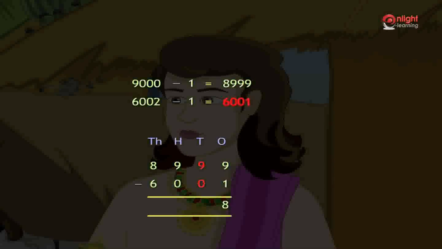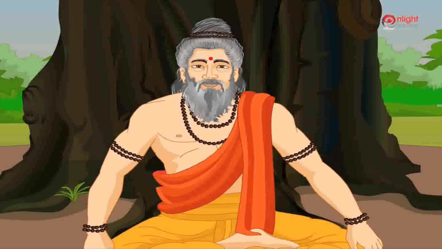Subtracting 0 from 9 in tens and hundreds, I get 9 in both places. And then subtracting 6 from 8 in thousands place, I get 2. So the answer is 2,998.